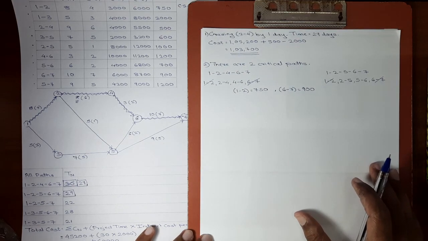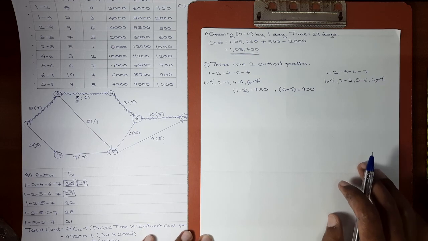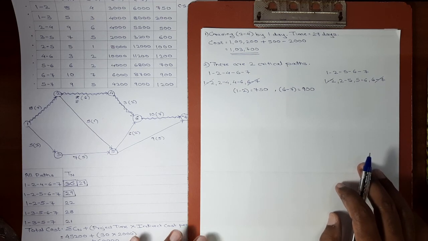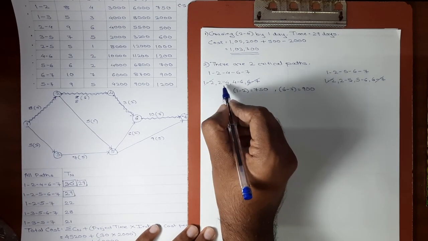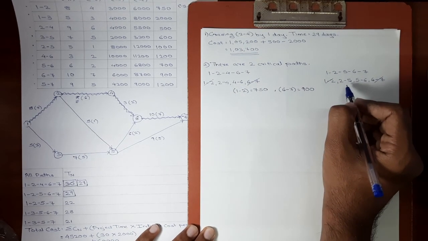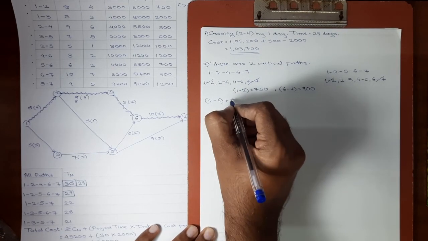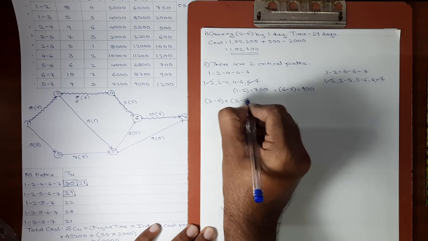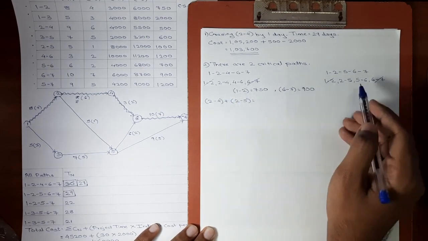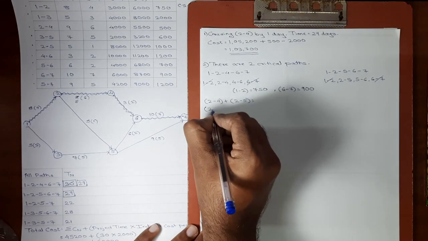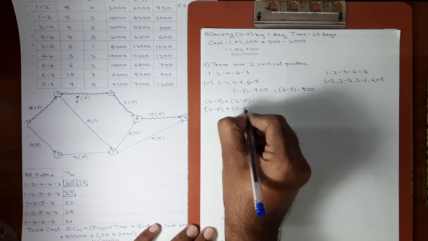Now we'll be making the combinations. The combinations should be such that one activity from each path must be selected and no activity must be repeated. So the first combination will be 2, 4 plus 2, 5. First activity from first path plus first activity from second path. Okay. Second combination will be 2, 4 plus 5, 6. First activity from first path plus second activity from second path.